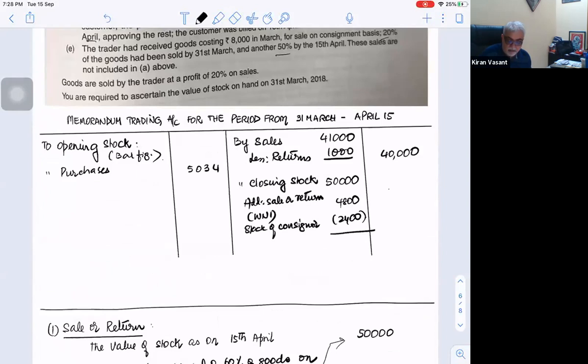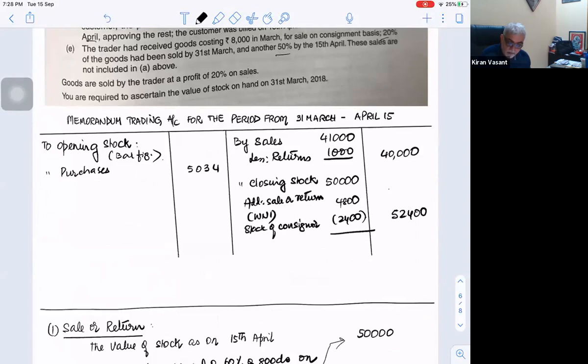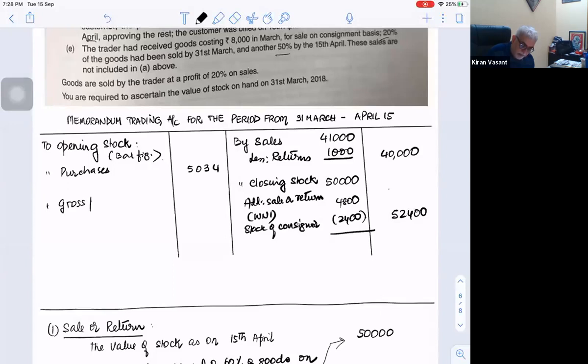Can you do the difference now? 42,800. How much? 50,000 plus 4,800 minus 2,400. Oh, yes, sir. Gross profit 40,000 into 20%, 8,000.